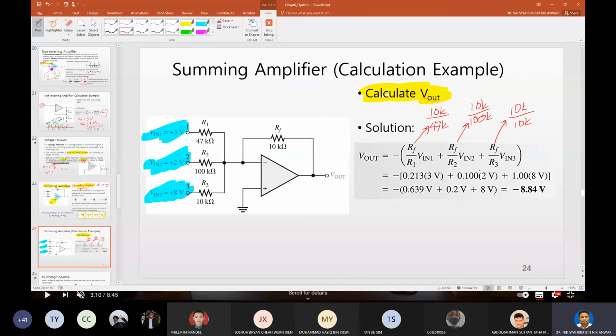So it's just application of formulas that is how you're going to solve op-amp circuits. That's why I say op-amp is actually easier than BJT.